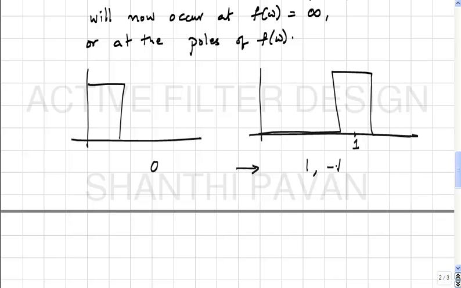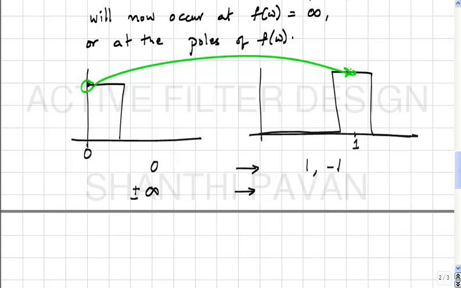Whatever happens at 0 must happen at 1 and -1. So at the very least 0 must go to 1 and -1.